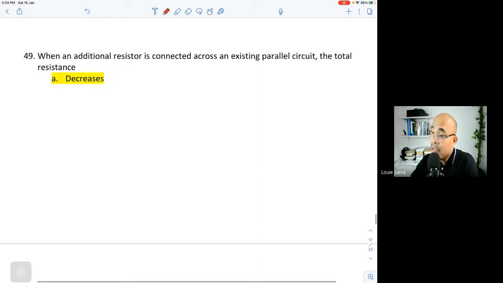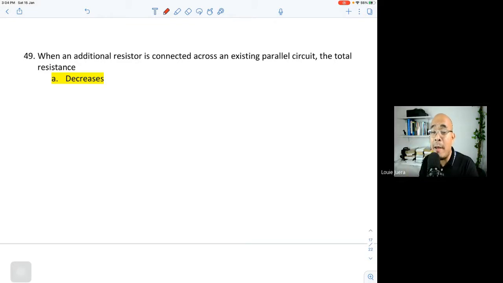Number 49. When an additional resistor is connected across an existing parallel circuit, the total resistance decreases. We have to take note that in the previous lecture, if you have existing series resistors and you add another resistor, the total resistance increases.